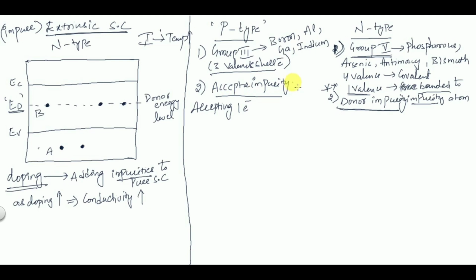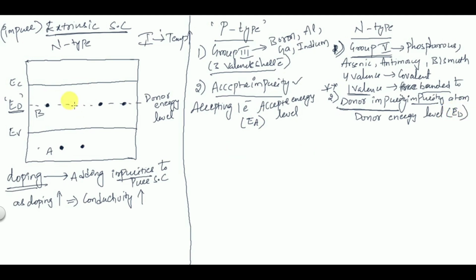That is why the impurity is called an acceptor impurity. Hope you understand. The energy level here is called the acceptor energy level, and here it is called the donor energy level, represented by ED, and here it is represented by EA.